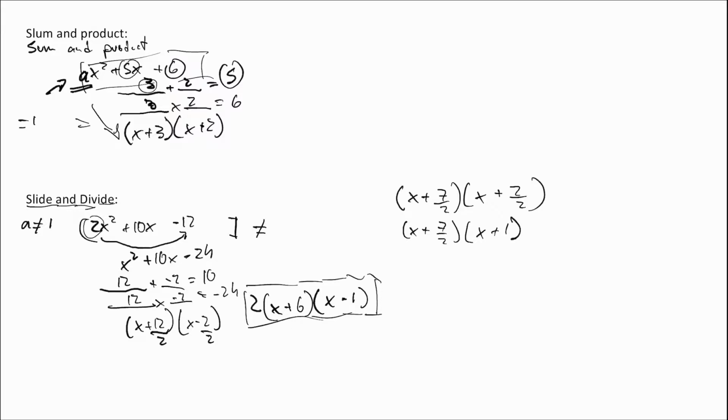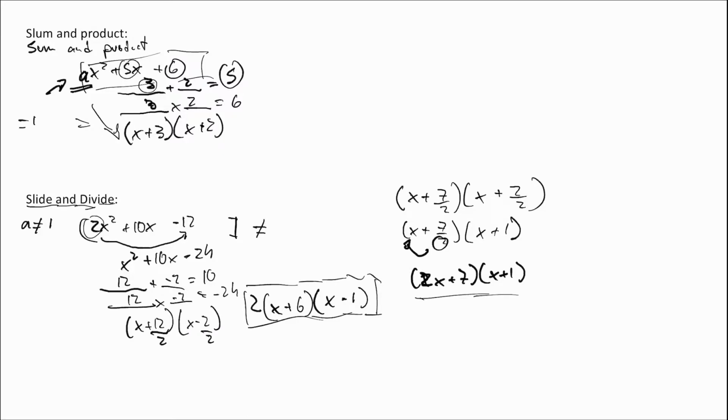When you use the slide and divide method to get it into the perfect factored form, you have to take this denominator and put it up here in the x. So your actual factored form for this will be 2x plus 7 times x plus 1. That is your correct factored form in this example.